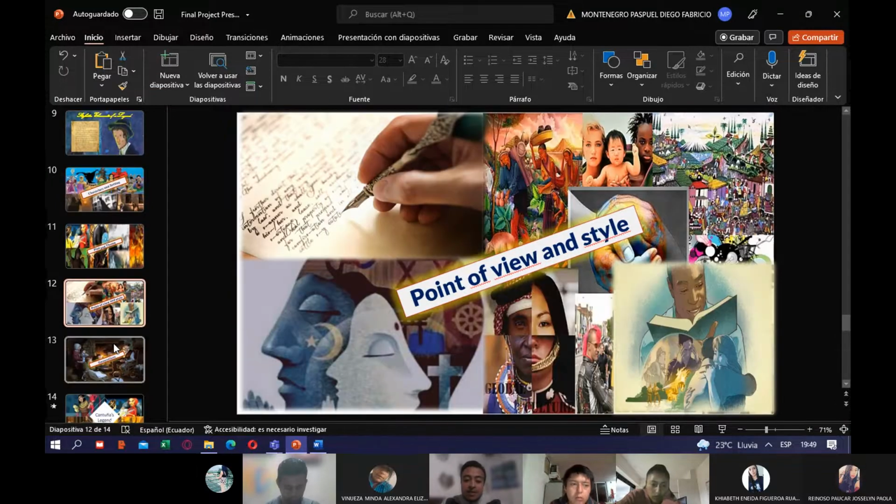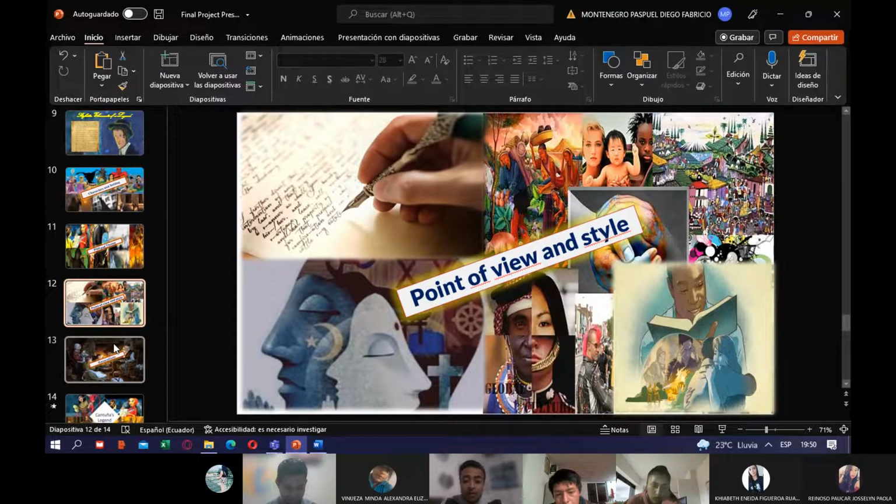So the next element of a legend is point of view and style. Legends are written from the third-person point of view. A legend will reflect upon a society's culture, values, and beliefs, and the frailty or weakness of human beings, obviously.